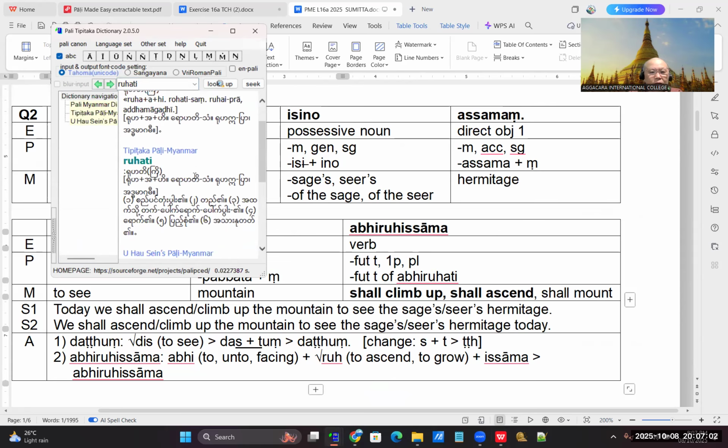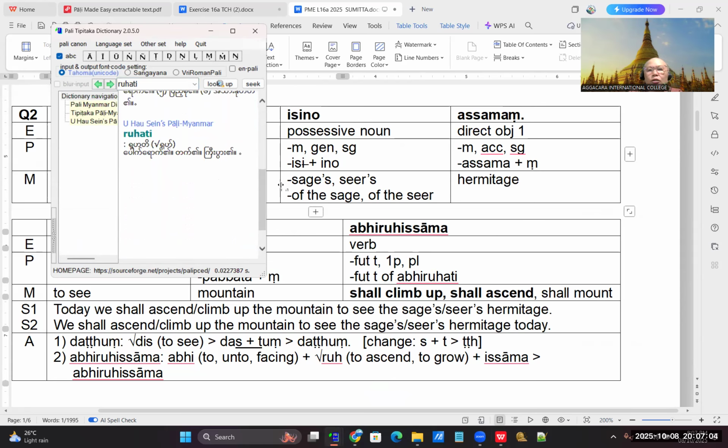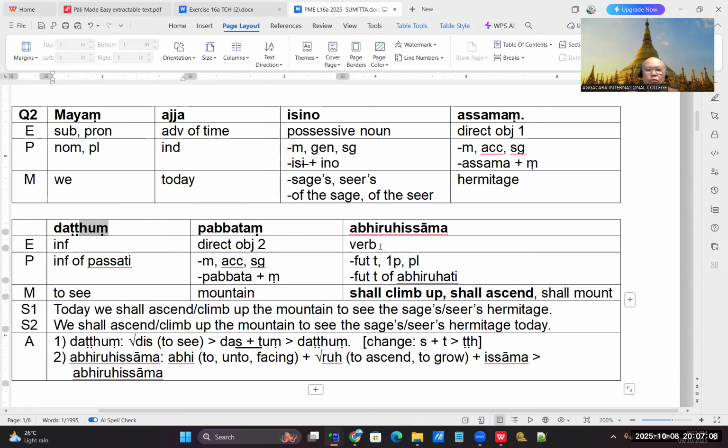So besides climb out, another meaning is like a tree growing out, which can also use this ruh. Okay, so a big prefix. Ruh, grow. Isama, future tense. So we shall climb out, we shall ascend the mountain. So this verb is linked with the mountain.